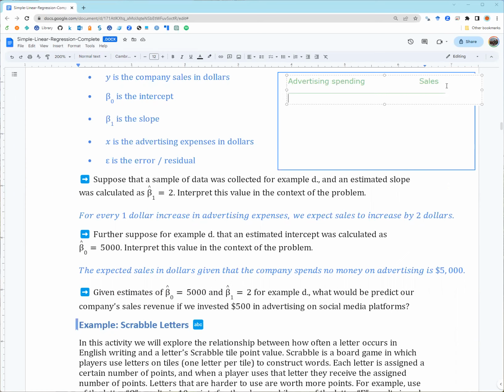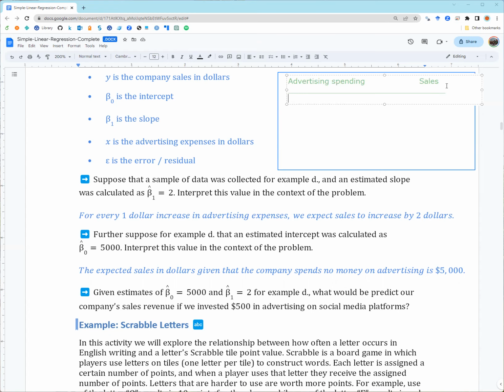So maybe this is our data set, and we have historical data on our company. We have monthly data on advertising and then monthly data on sales for the following month, the month after the advertising, to see the effect of that.